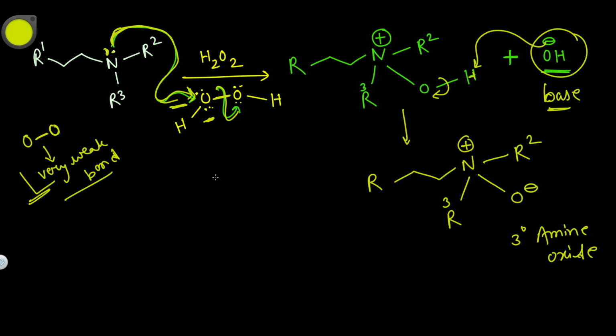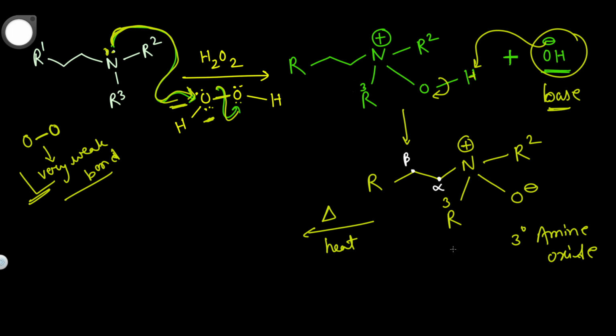Now what happened? After that we are giving heat here. Let me show here the alpha and beta positions so that you will clearly understand what I am trying to say. This position is the alpha position and this position is the beta position.